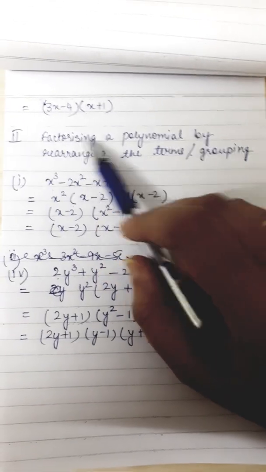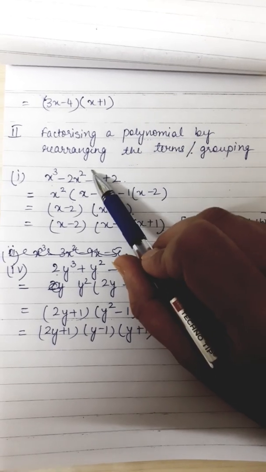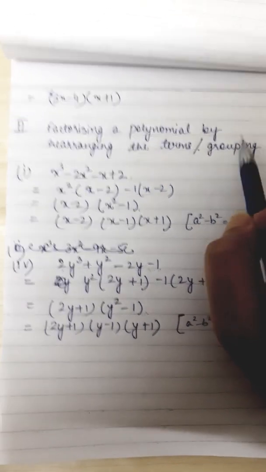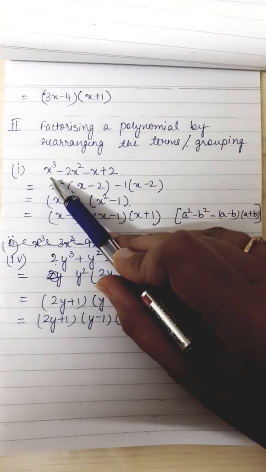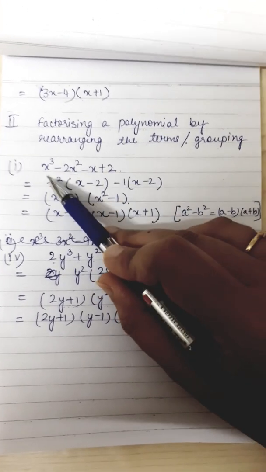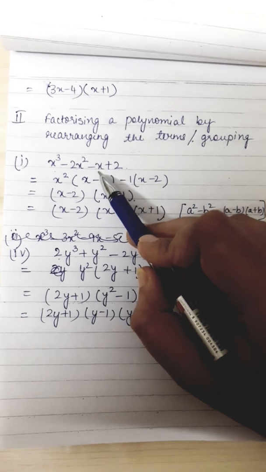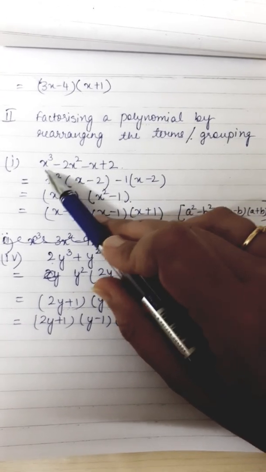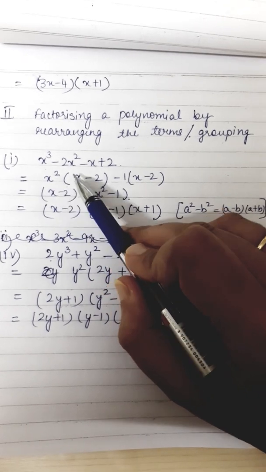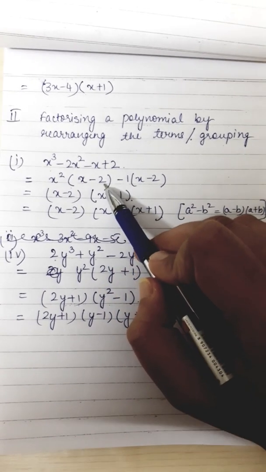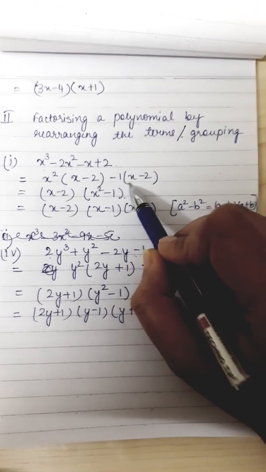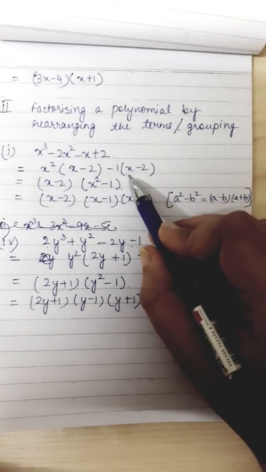The second method is factorizing a polynomial by rearranging the terms, or the grouping method. Over here I have a cubic polynomial, x cube minus 2x square minus x plus 2. From the first two terms I can take x square common, and I get x minus 2 in the bracket, and from the last two terms I can take minus 1 common and I get x minus 2 in the bracket.